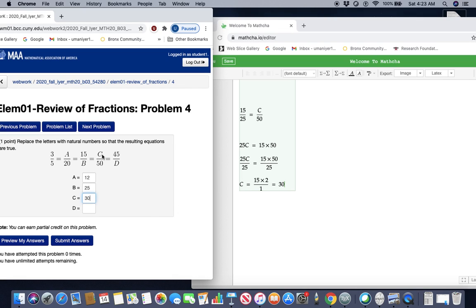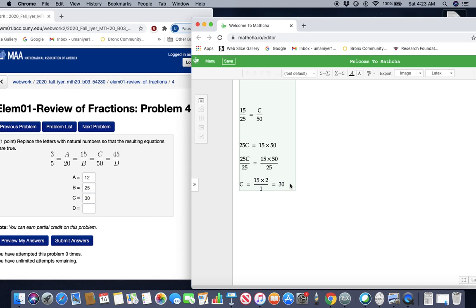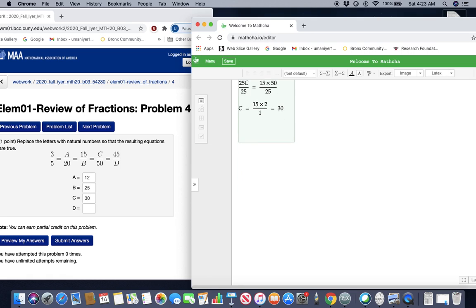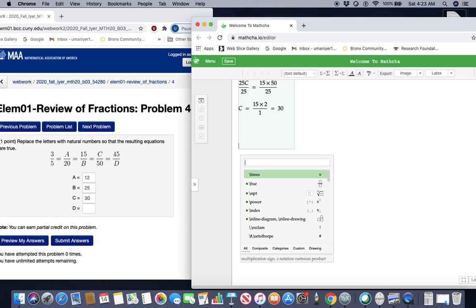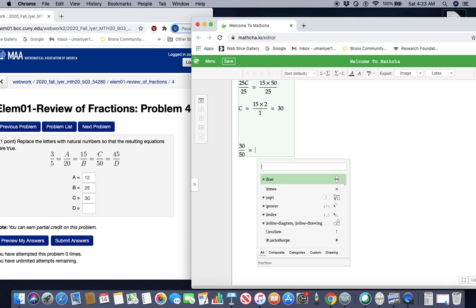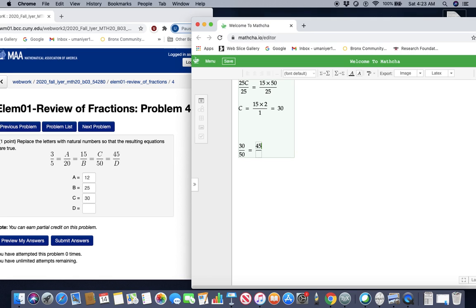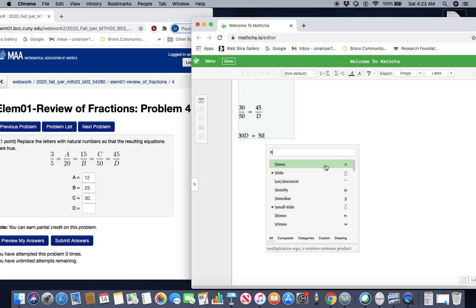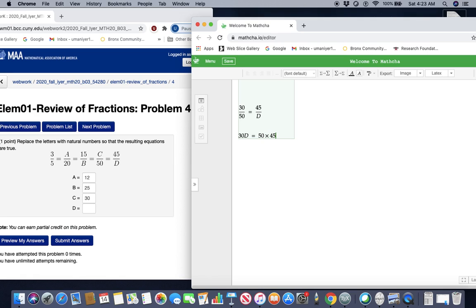Now I'll use that last proportion. Put C equals 30, which we just solved: 30 over 50 equals the fraction 45 over D. Now you can cross multiply. 30 times D equals 50 times 45.